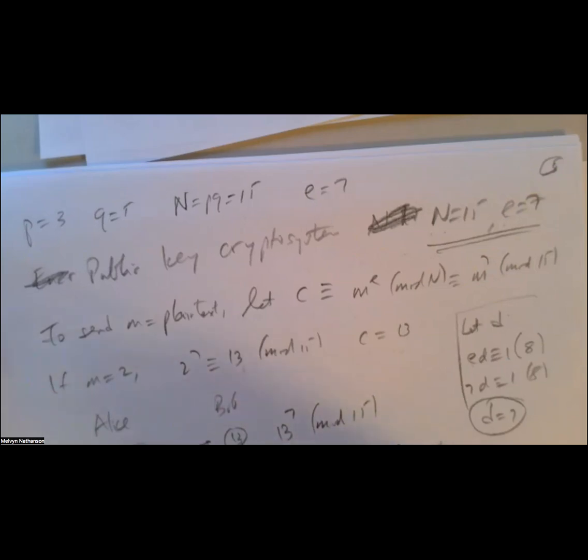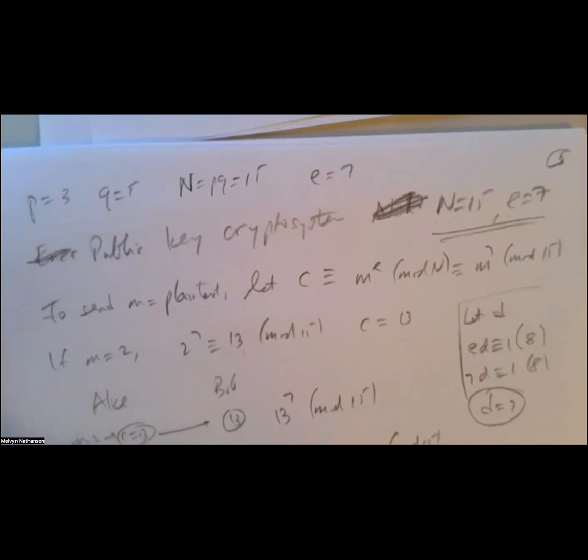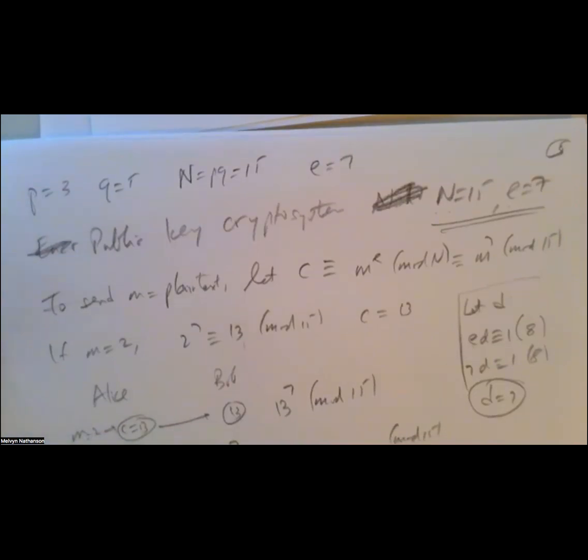Minus 128, is that right? Mod 15. Let me just double check that. I mean, none of this is going to make sense, but at least I want it to work.